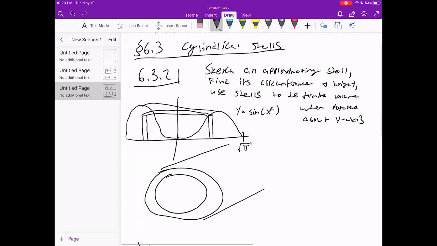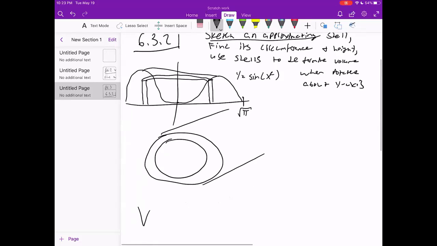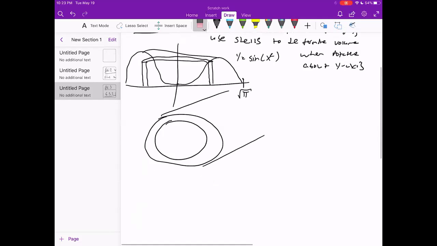So what do they ask us to do? We've sketched an approximating shell; find its circumference and its height. Circumference is pretty easy. We're talking about the circumference of a circle, which is given by 2 pi times the radius. So I'm looking for this radius here, that length there.